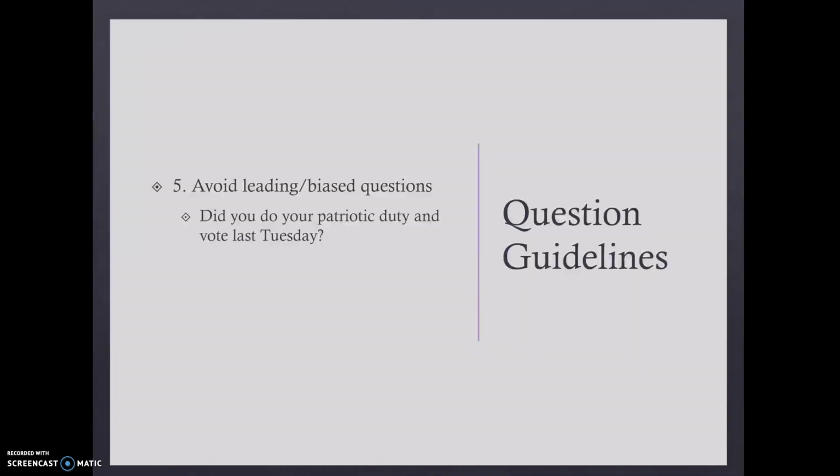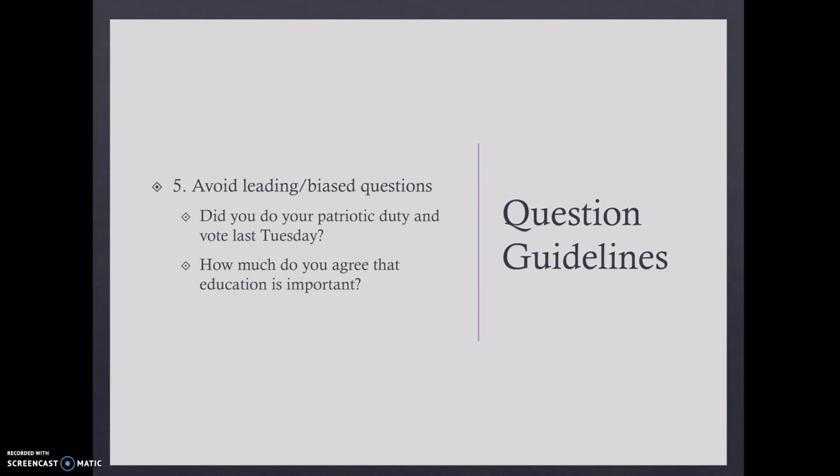Next one, avoid leading or biased questions. When you are saying things like, how much do you agree that education is important? You're trying to push people to say that education is important because this is a socially desirable question. Of course, I want to say education is important.